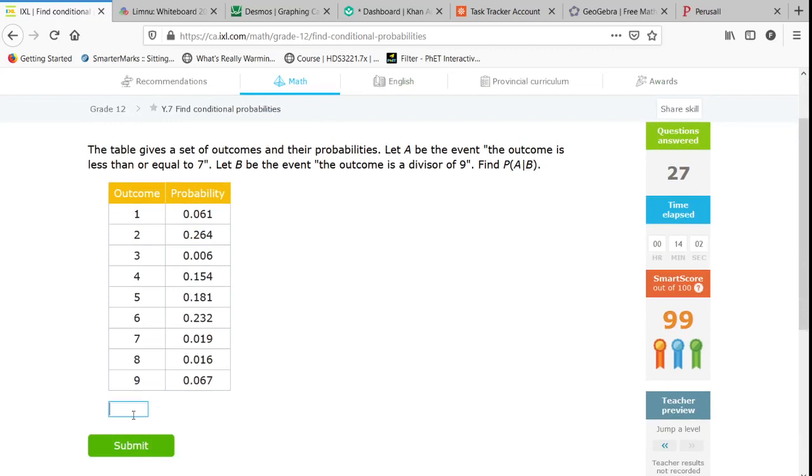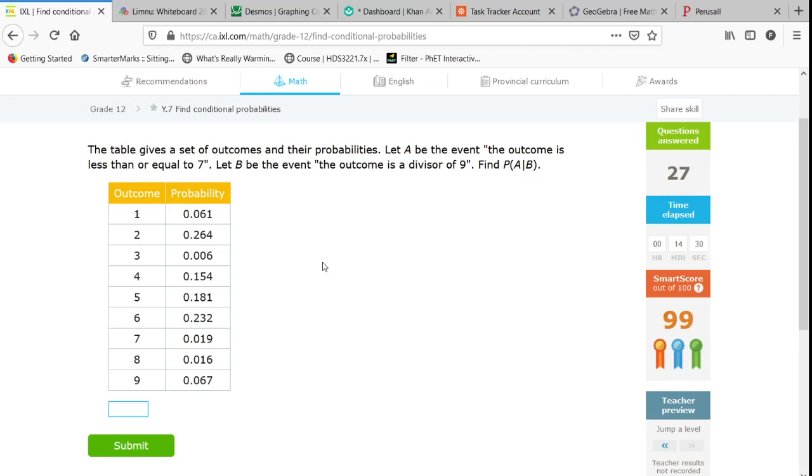And here we go. Ideally, this will be our final question. The outcome is less than or equal to 7. That's outcomes 1 through 7. And the outcome is a divisor of 9. That would be 1, 3, or 9. So the probability of A and B are just the combined probabilities of outcomes 1 and 3. So our numerator is 0.061 plus 0.006, or 0.067.